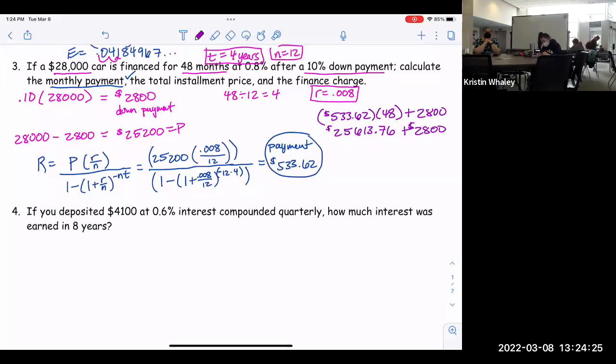That's going to give me a total installment price of $28,413.76.